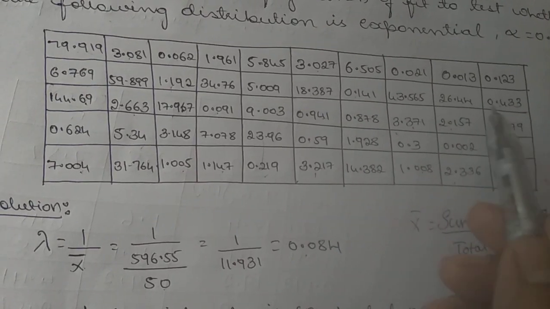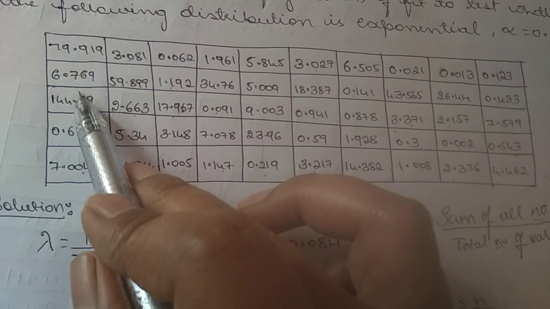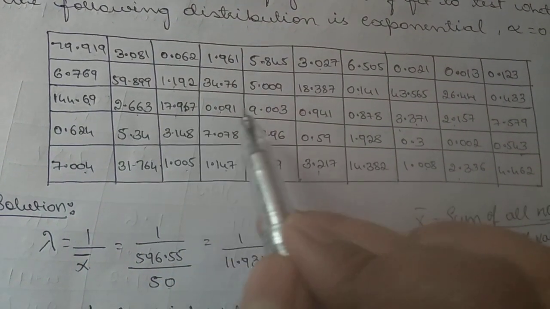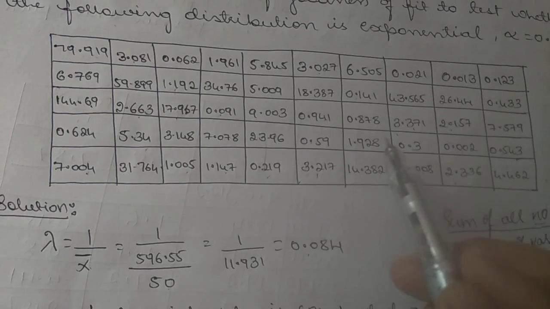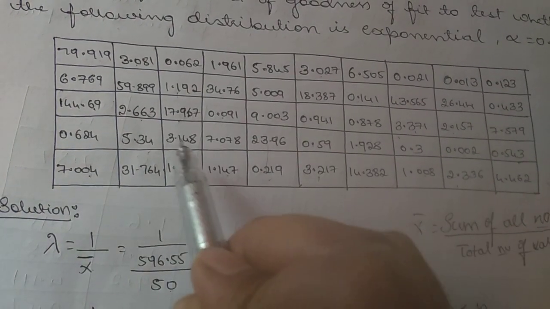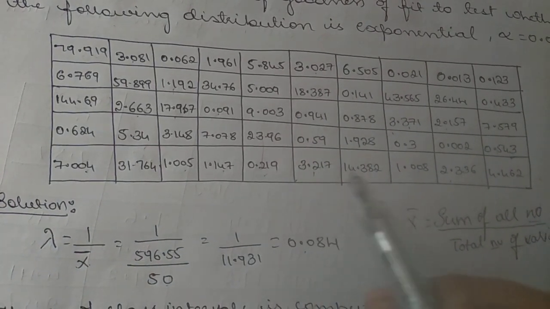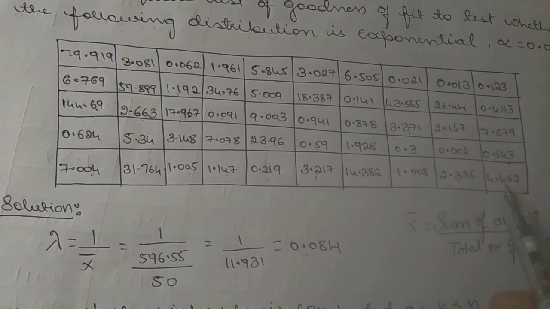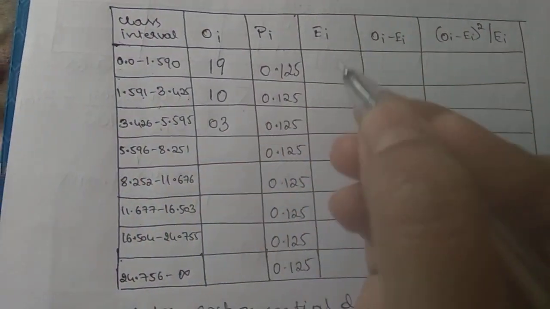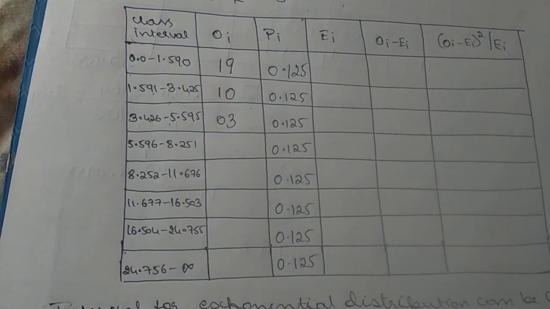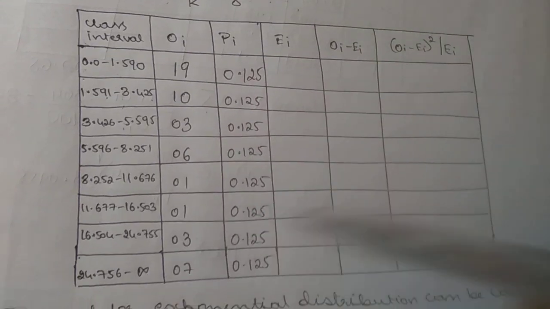No, don't consider that. 1, 2, 3. Only 3 values. Okay, in the same way, the rest we have to find out. These are the values we'll get for OI.